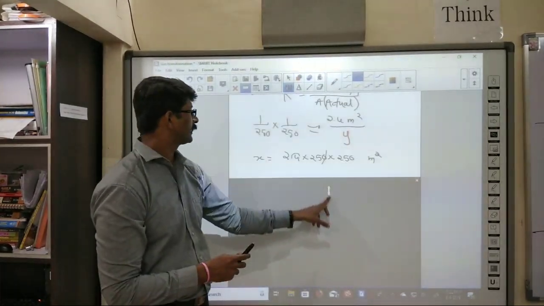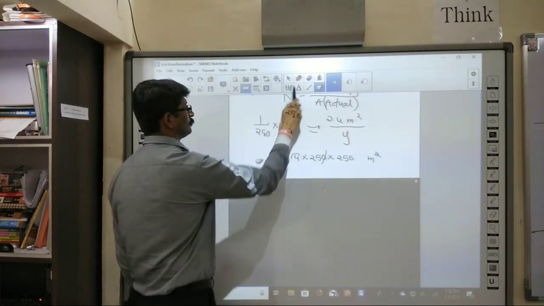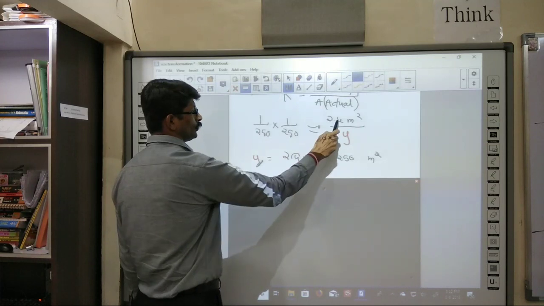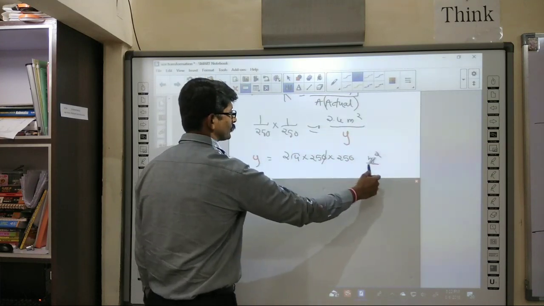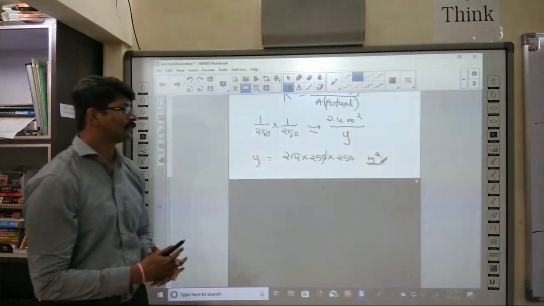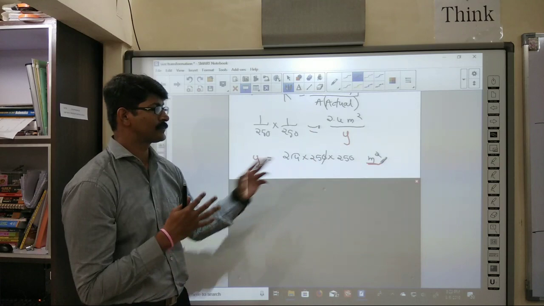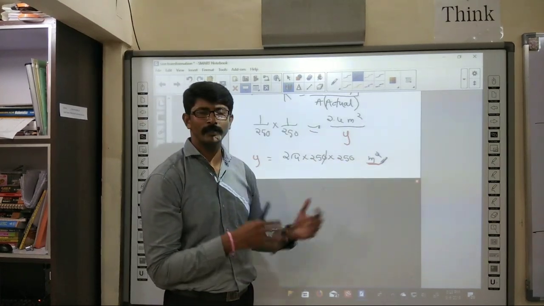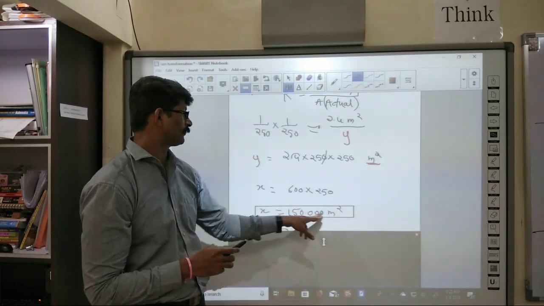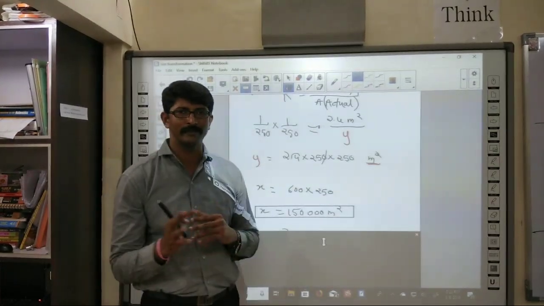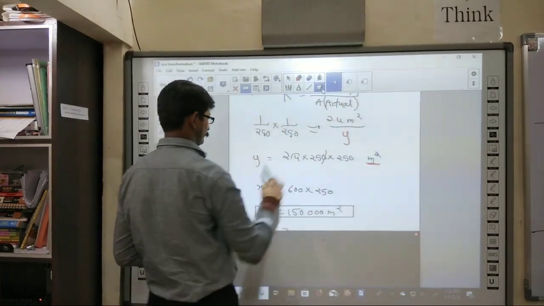So y can be calculated as 2.4 into 250 into 250 meter square. Note down, I have written the unit also. So 24 into 25 is 600, 600 into 250 is 150 and 4 zeros. Sorry, 150 and 3 zeros meter square. So that is the value of y.